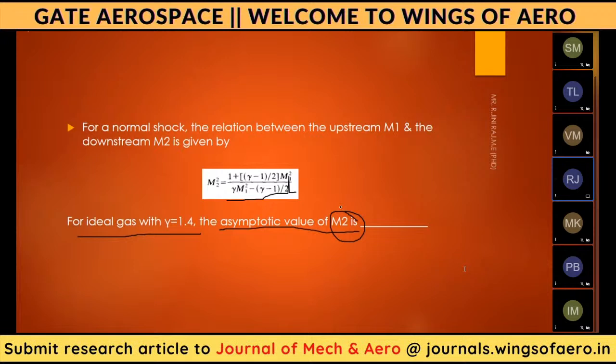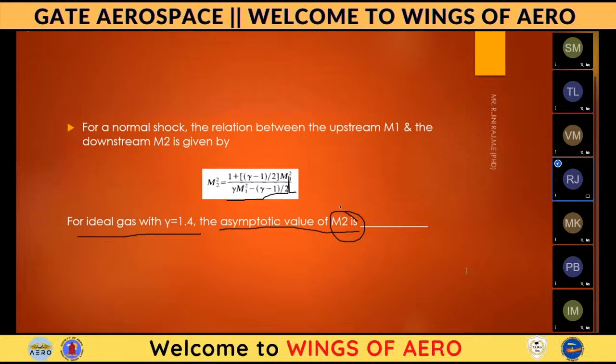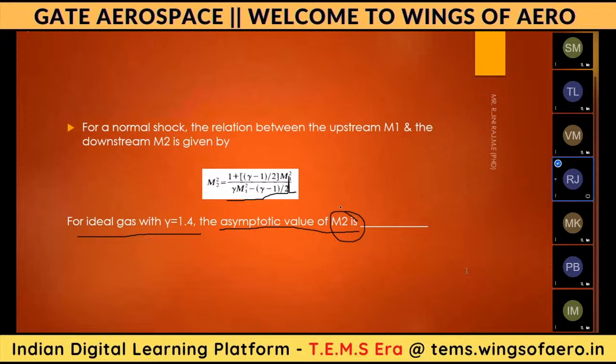Here they haven't given any values for the Mach number. The asymptotic value is what we get when the upstream Mach number is infinity.